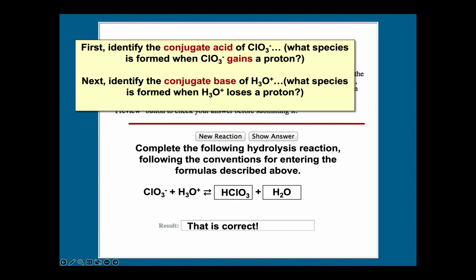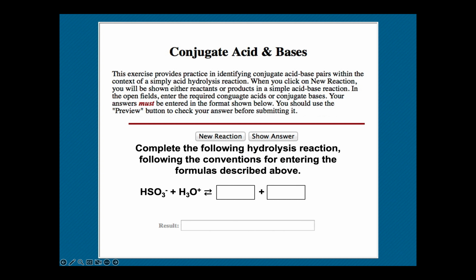One more, hydrogen sulfite and hydronium. Now both of these have protons. They could both potentially be the Bronsted acid. It's going to be the hydronium because otherwise we would form H4O. Doesn't work.